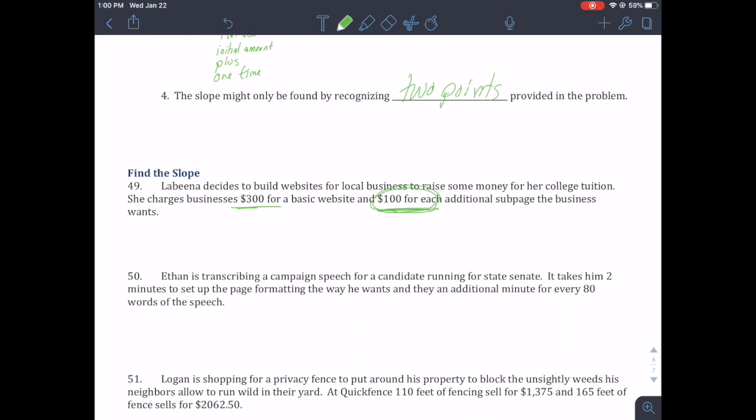So every time they add an additional sub-page, they add $100. So that's happening over and over. The $300 for the basic website, that's just the basic website. It hasn't changed, it's just $300. So of these two, which one happens repeatedly? Which one is the slope? That's going to be the $100. So M is 100.